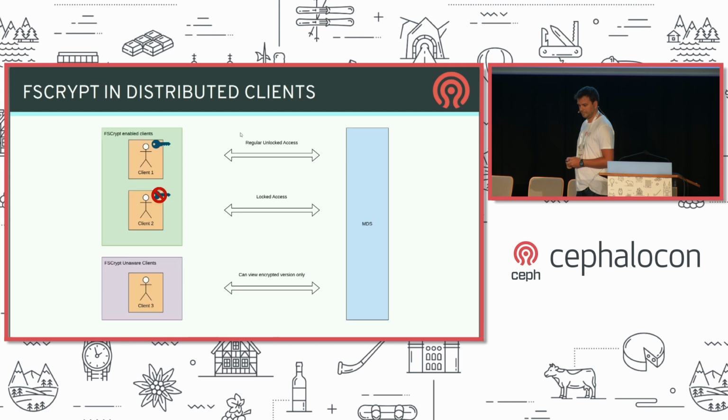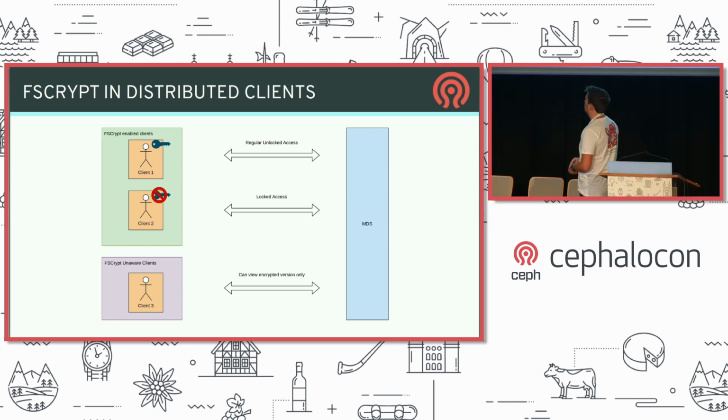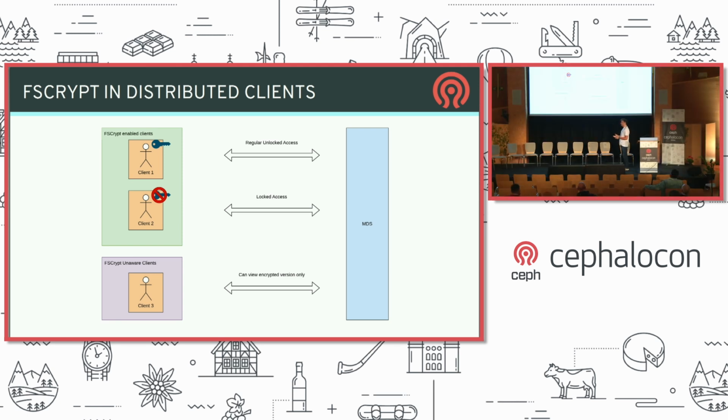In relation to snapshots. So if we take a look at fscrypt and distributed clients, on the left we have the clients, client 1, 2, and 3, and then on the right is the MDS, and in the middle is interactions with the MDS. Upper left shows fscrypt enabled clients. So we can think of it as the kernel client or the user space client with it added to it, which I'll discuss further.